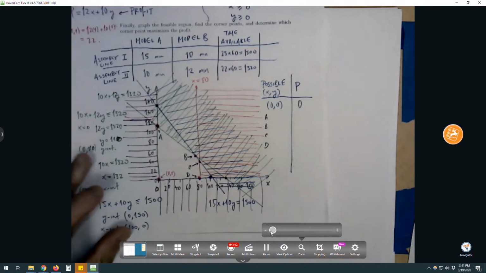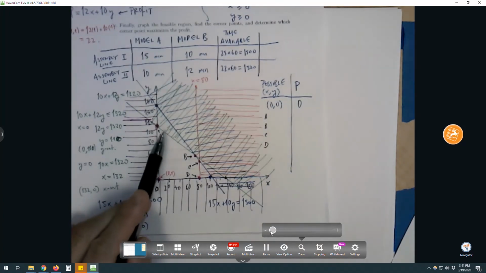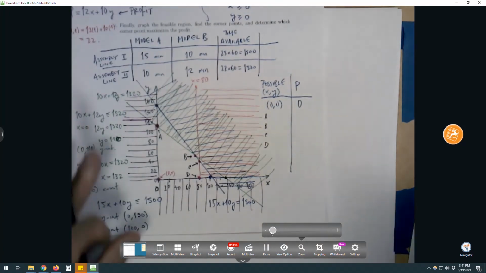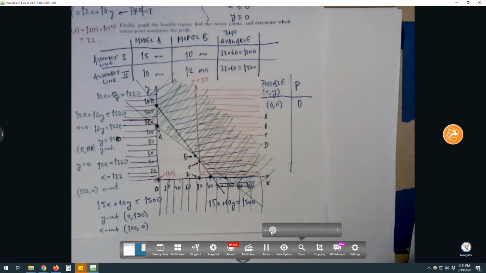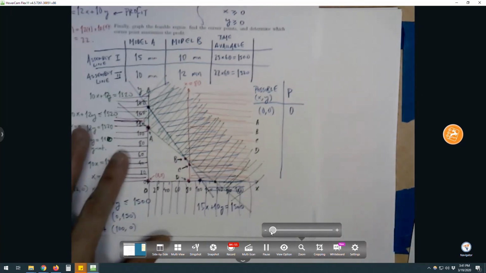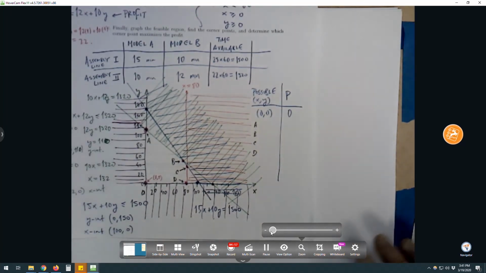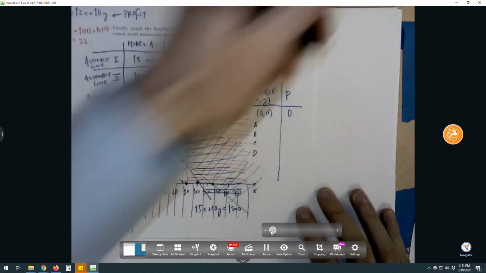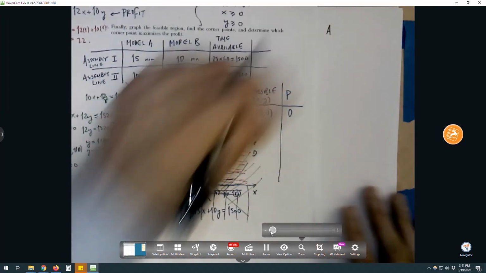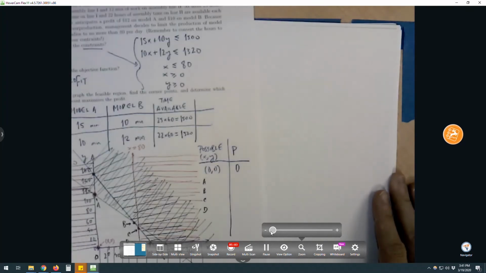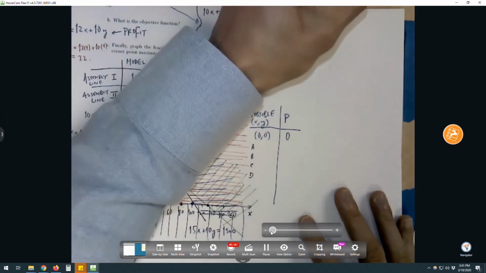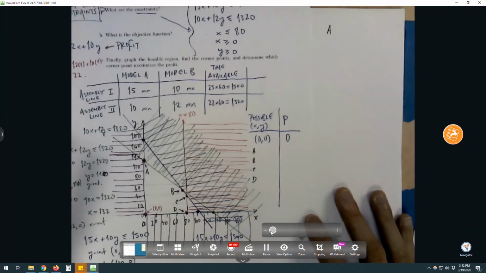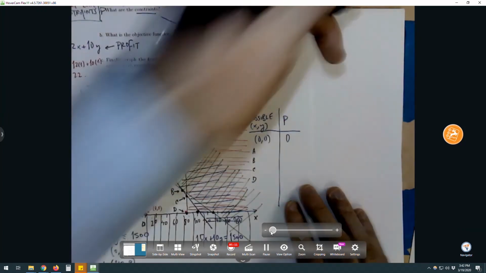Okay, so A is the intersection of the green line and the y-axis. So this is where you need that separate piece of paper. If you're using the handout that I had, that's why I had that blank piece of paper available there. Okay, so the point A, let me get this straight here. The point A, well, that's the green line intersected with the y-axis.